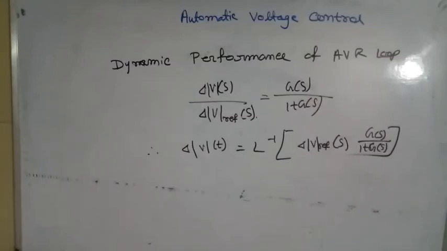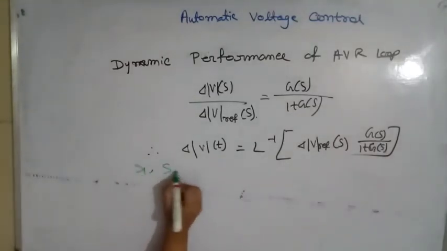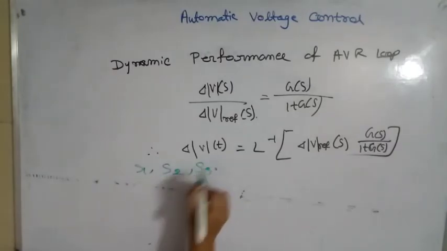Now usually the AVR open loop transfer function characteristic equation 1 plus GS equal to 0 is of third order, having the three roots S1, S2 and S3.